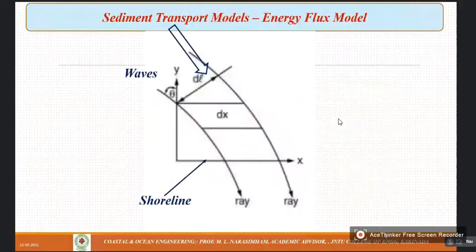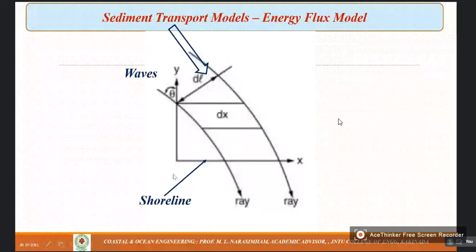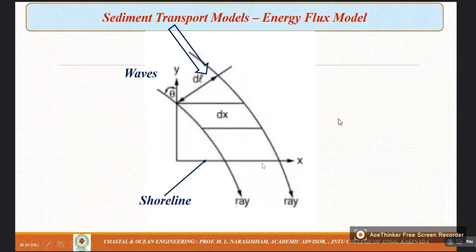So, we define some x direction and some y direction. This is our shoreline. If we take this as our shoreline, normal to that shoreline is the y direction.